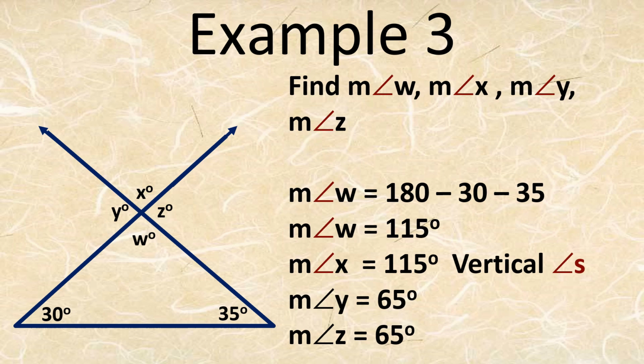X is vertically opposite to W. That means they have the same measurement. So X is also equal to 115 degrees.